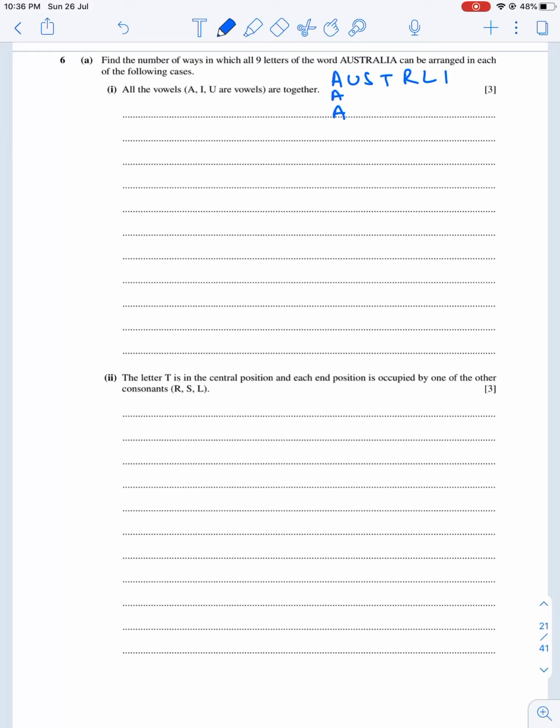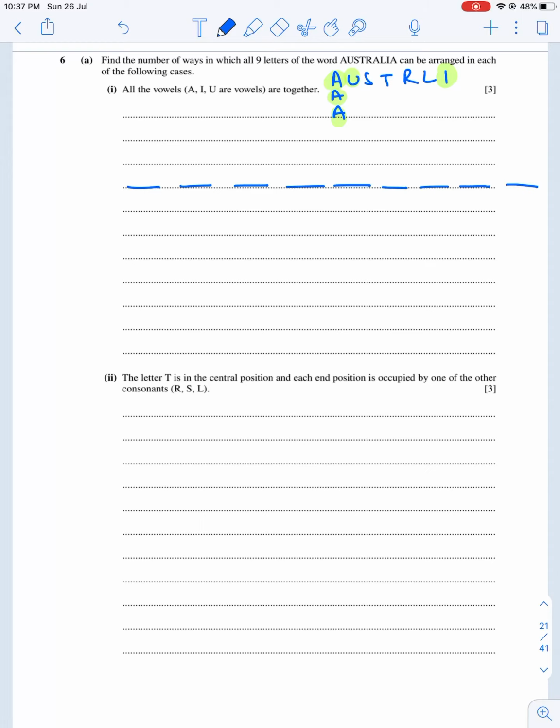Find the number of ways in which all the letters of the word Australia can be arranged in each of the following cases. All the vowels A, I and U are together. You want the vowels to be together. The vowels are these. You want all the vowels to be together, so you put nine dashes.